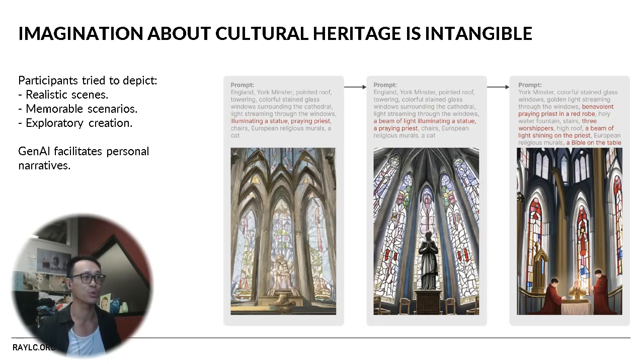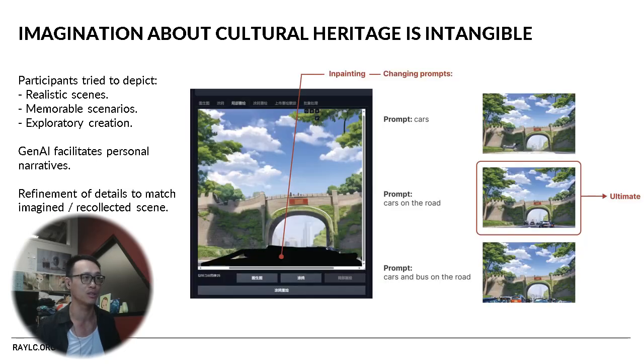For example, if someone was painting this church facade, they would have different images to choose from, and they can change the prompt and get their personal narratives onto the paper. And these are people who are not able to actually draw and effectively communicate in that way. So this allows them to use a process to express their image of these cultural heritage places.